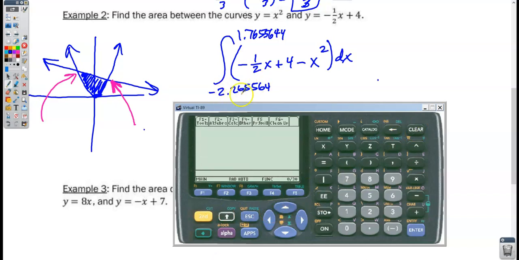Especially when I have decimal limits of integration like this, it screams at me, use your calculator to find this, because Lord knows I don't want to substitute these in by hand. The only way I'm calculating these by hand is really with a calculator in my hand, so it doesn't make sense. If I have a calculator in my hand already, let's use the numerical integral function.